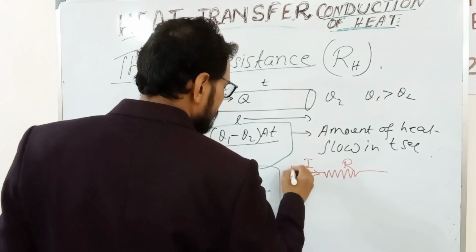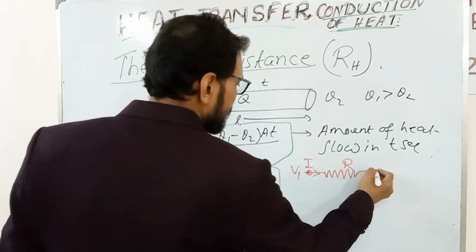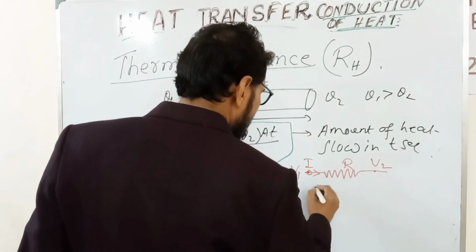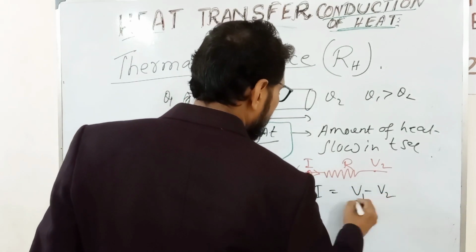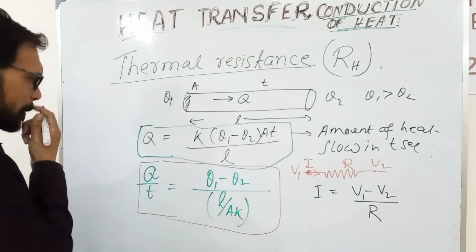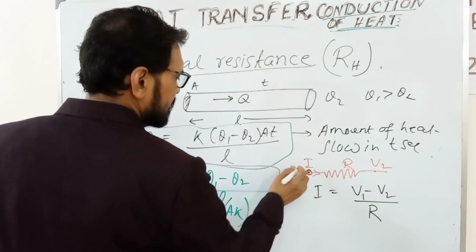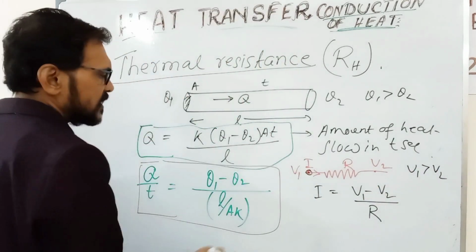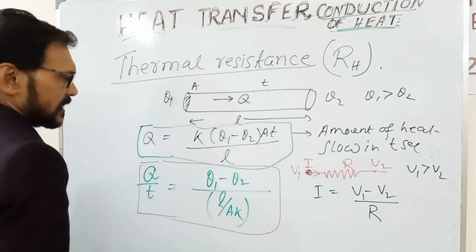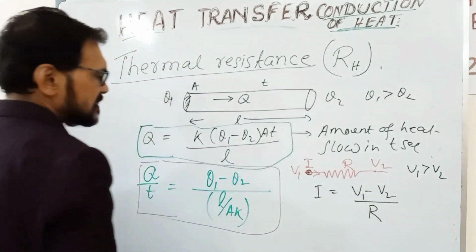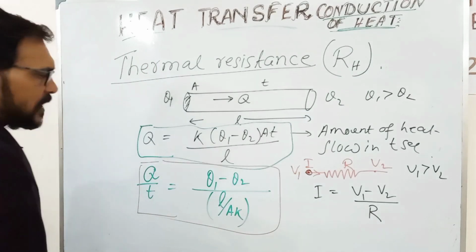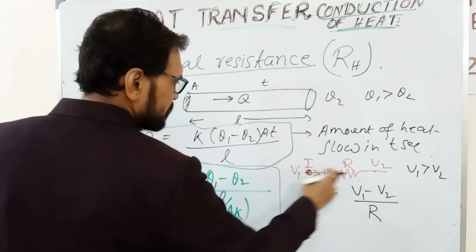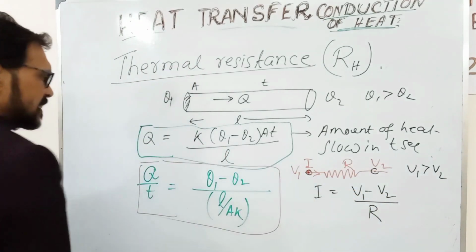If the potential at this point is V1 and at this point is V2, Ohm's law is I equals (V1 minus V2) by R. V1 is higher than V2, so current passes through this resistance. R is the resistance of the wire.